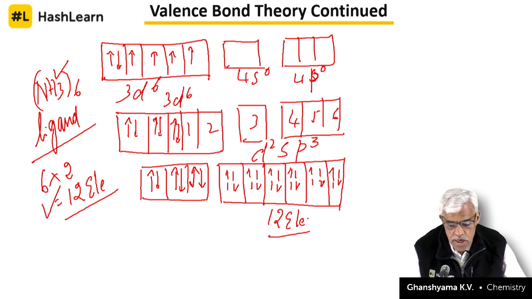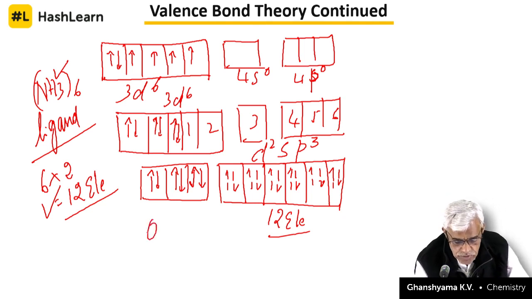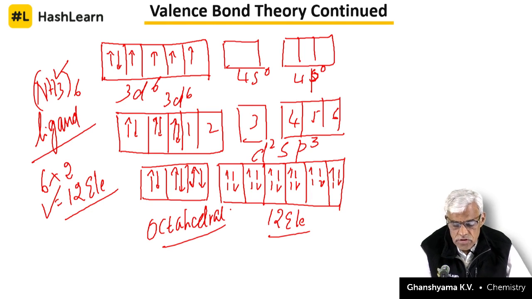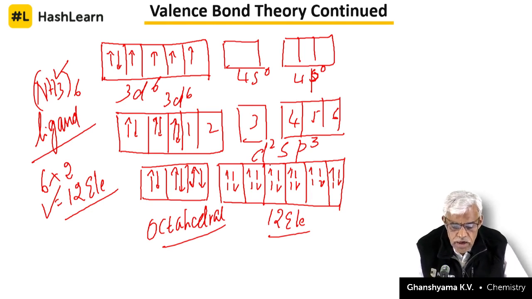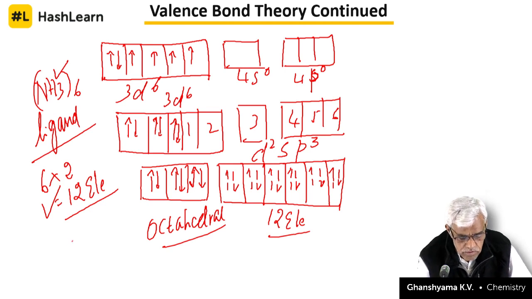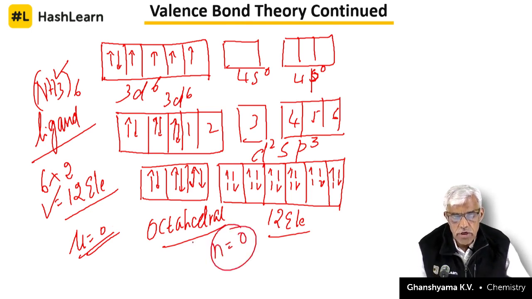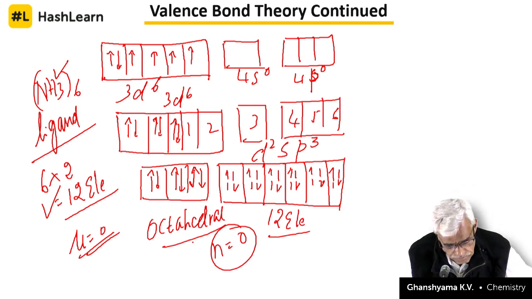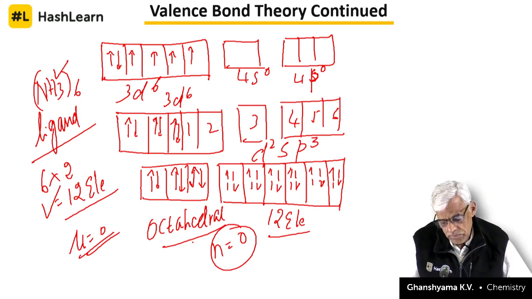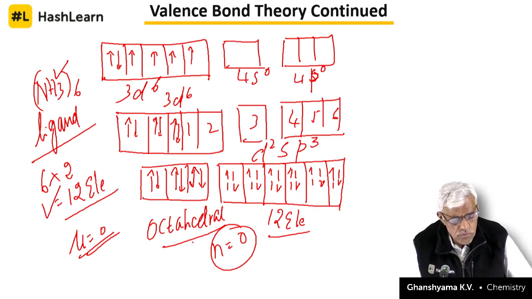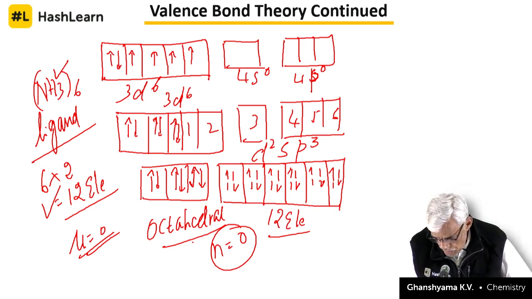It forms d2sp3 hybridization, and the shape of this is octahedral. Since there is no unpaired electron, the magnetic moment is equal to 0. It is diamagnetic. So this is about [Co(NH3)6]Cl3.